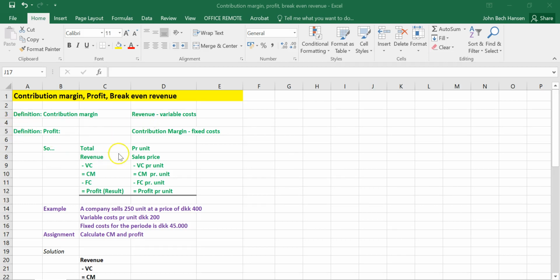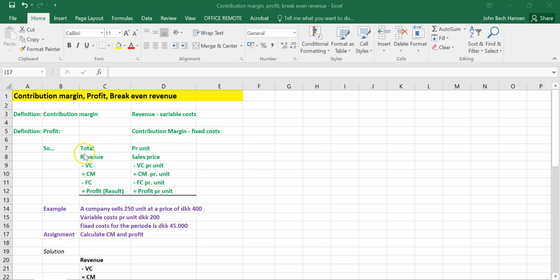So the normal way we put on a profit and loss statement is that we start with the revenue and we deduct the variable cost, and then we have the contribution margin. The contribution margin is what's left for covering the fixed costs and hopefully giving us a profit when the fixed costs also have been covered.